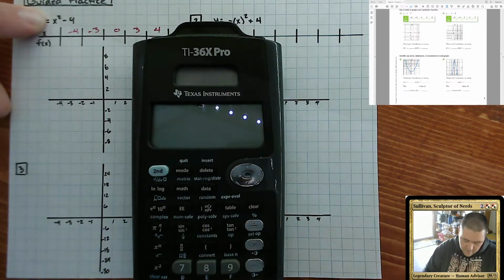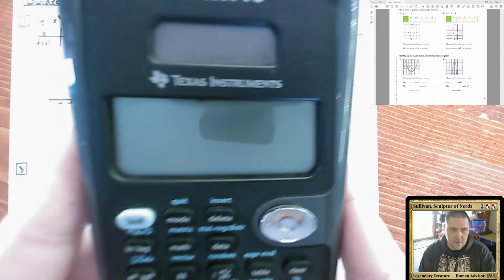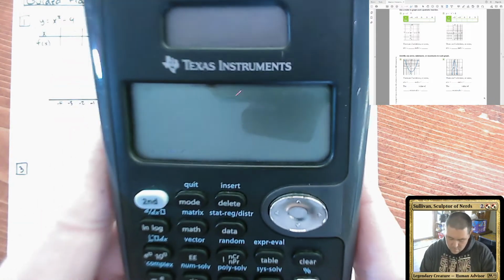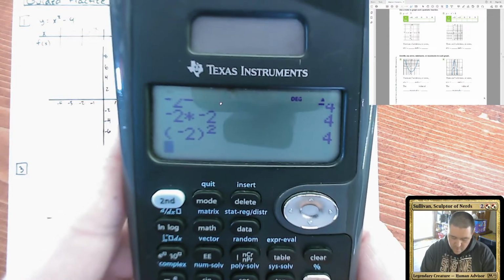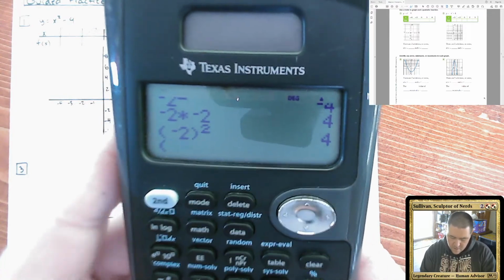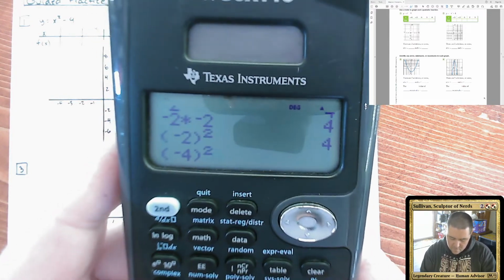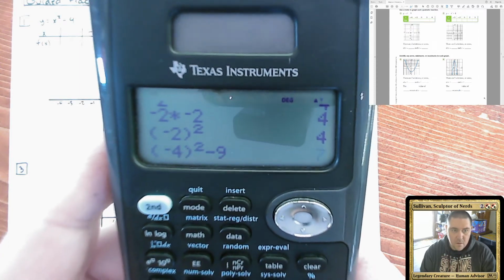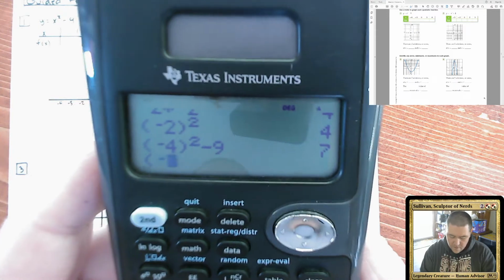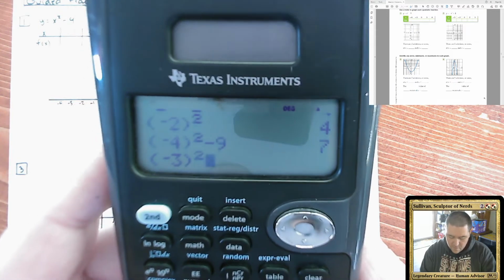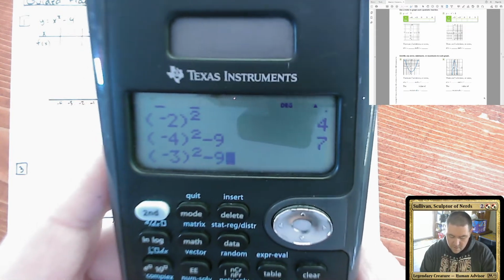Okay, you get your calculator ready, and we'll go, clear, parenthesis, -4 parentheses squared minus 9. Let the calculator do the work for you. Parenthesis, -3 parentheses squared minus 9.